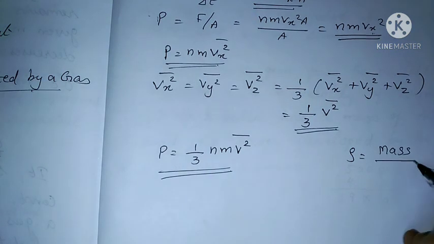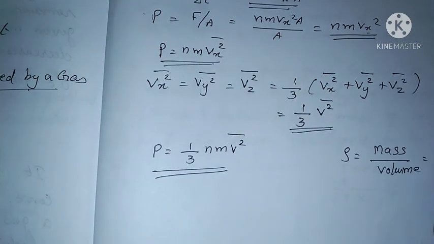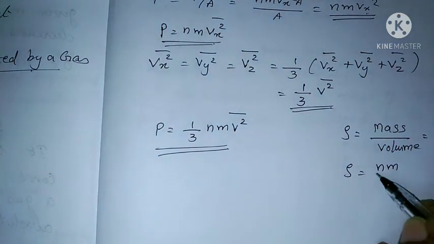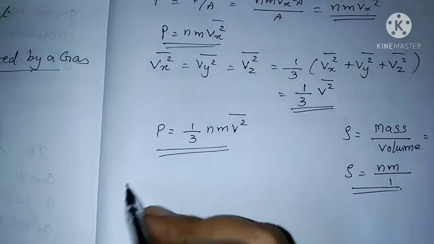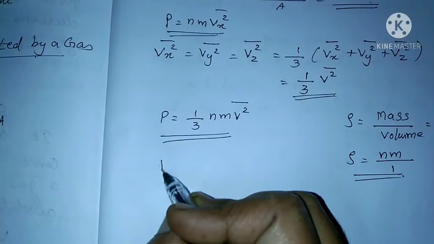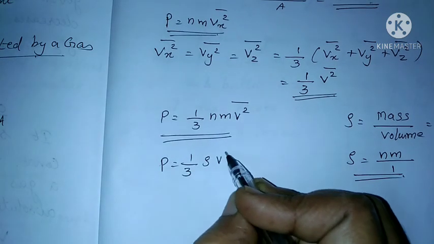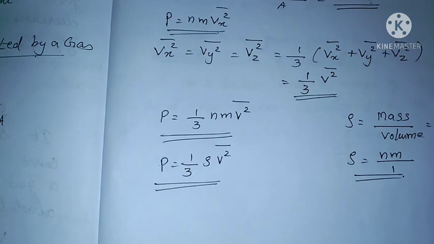You know that density equals mass by volume. So, here mass is the total mass of all the molecules, that is rho equal to N m per unit volume. So, here we can write P equal to 1 by 3 rho V square bar. So, we can write this pressure in terms of the density.